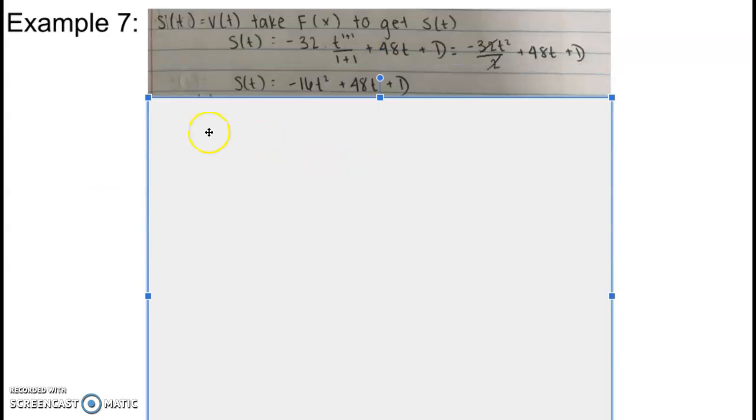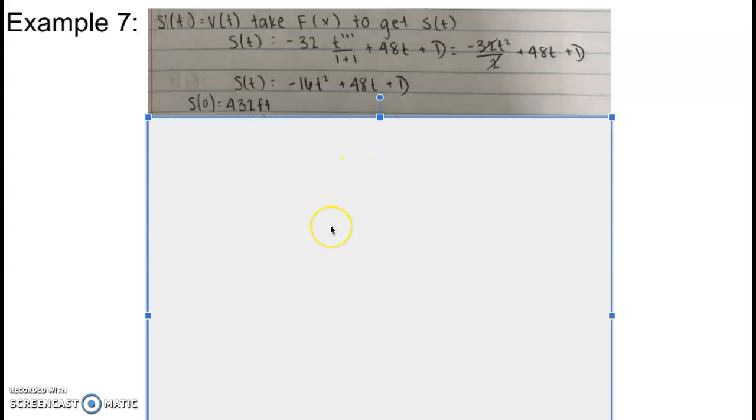Then we can rewrite it and clean it as s of t equals negative 16t squared plus 48t plus our constant d. We know that s of 0 equals 432.